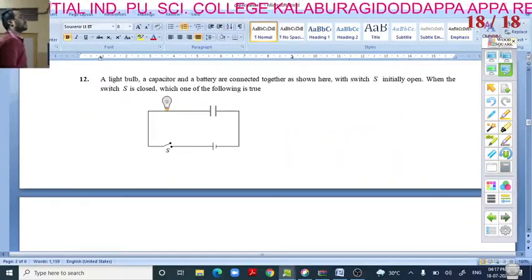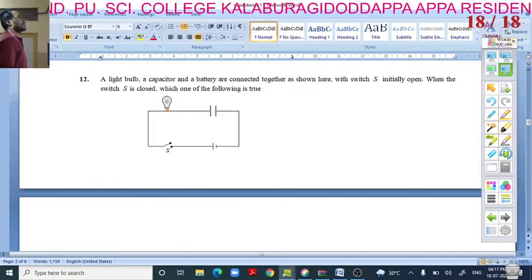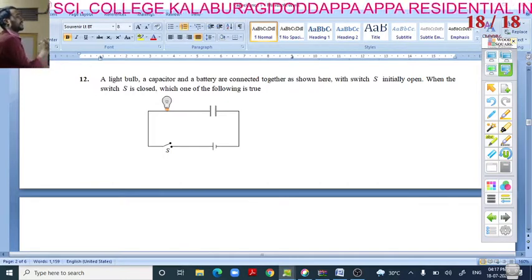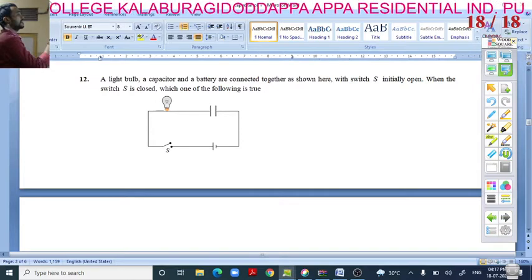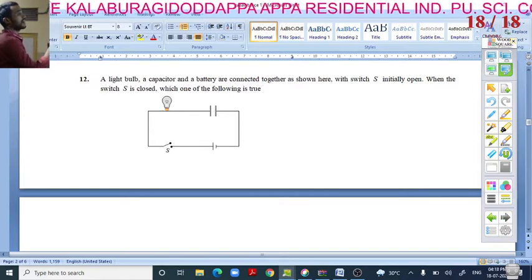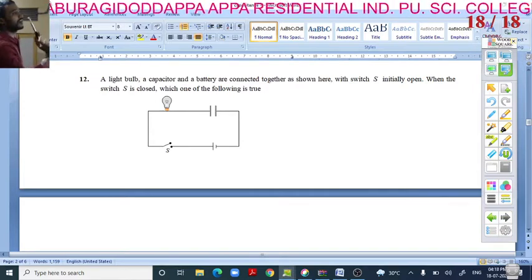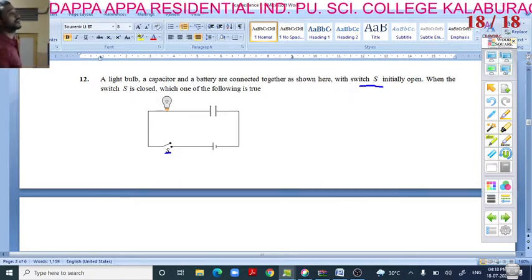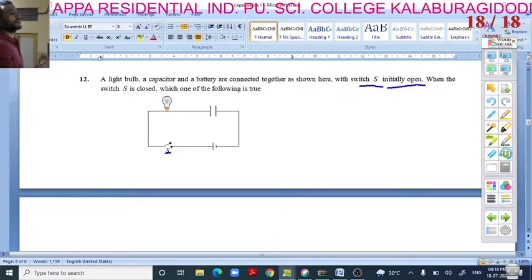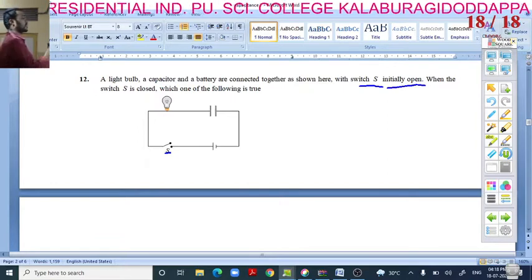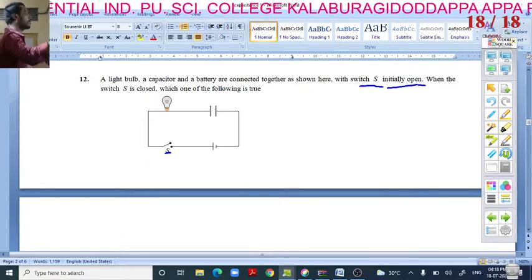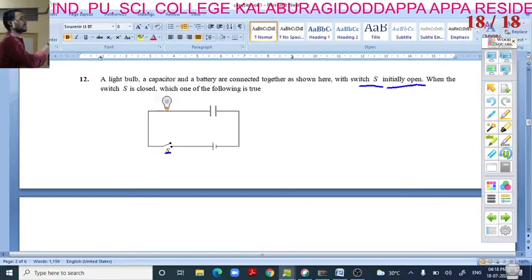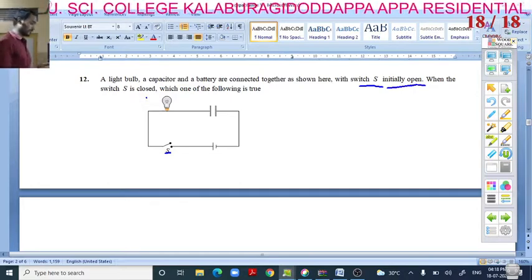A light bulb, capacitor, here we are given the figure. A light bulb, capacitor and battery are connected together as shown in the figure with switch S initially open. When the switch S is closed, initially it was open and finally when the switch is closed, which one of the following is true?